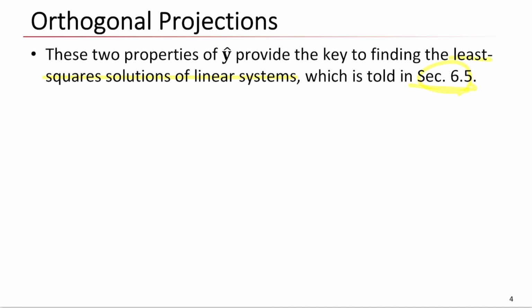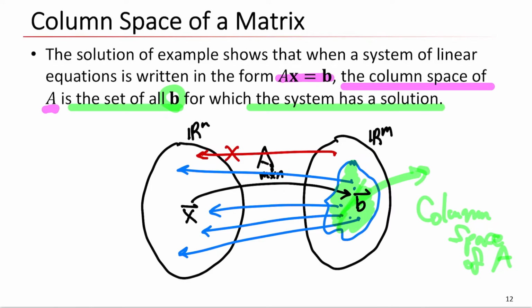Where are we now? Let me go back to lecture 7.1. Here was a figure that represents the definition of the column space. Let me draw this one again.